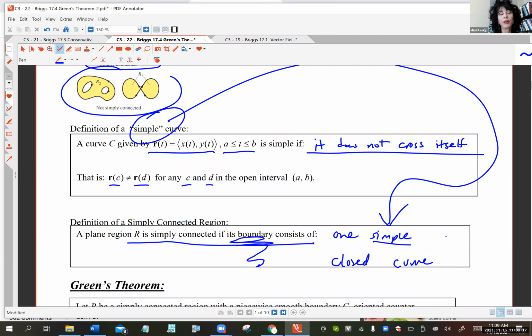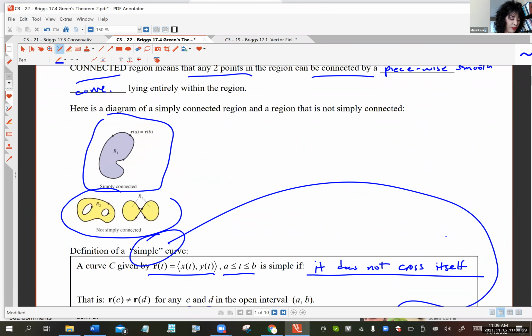We already just learned what a closed curve is in the last section: the starting and stopping points are the same. But it's a simple closed curve, so not only is it closed, it doesn't cross itself. I hope you can see that in this diagram, the boundary of this simply connected region is a nice curve. It never crosses itself.